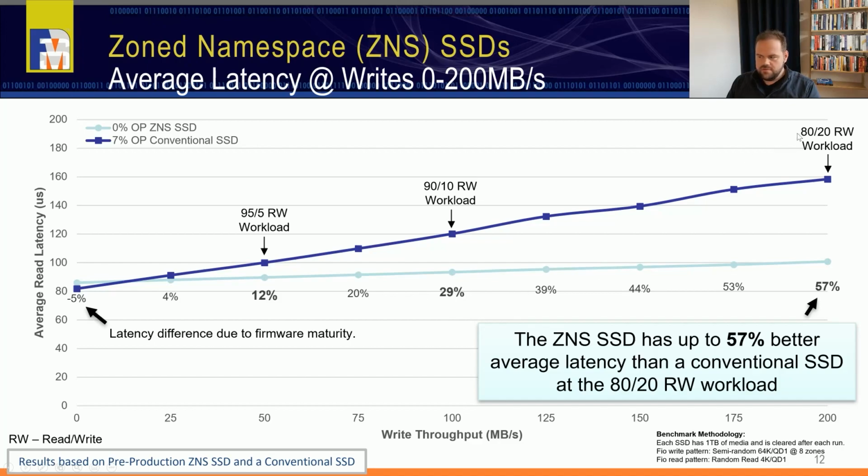And when we go to a typical 80/20 random read/write workload, we actually see a 50% improvement in average latency. So there's a huge benefit: as there are some writes going on, which is typical in an SSD, you will see significantly improved average latency in your IO workload.